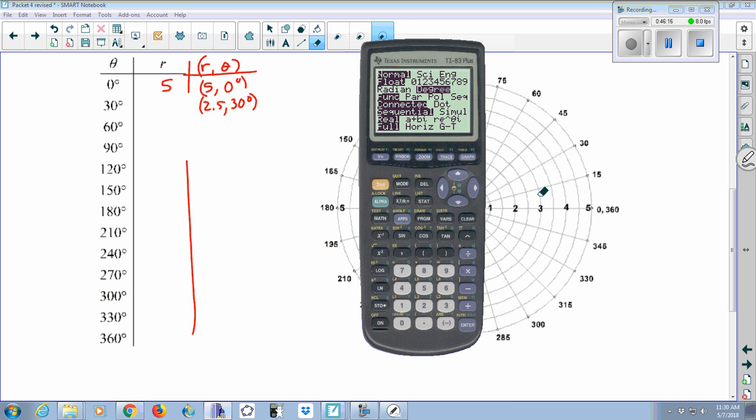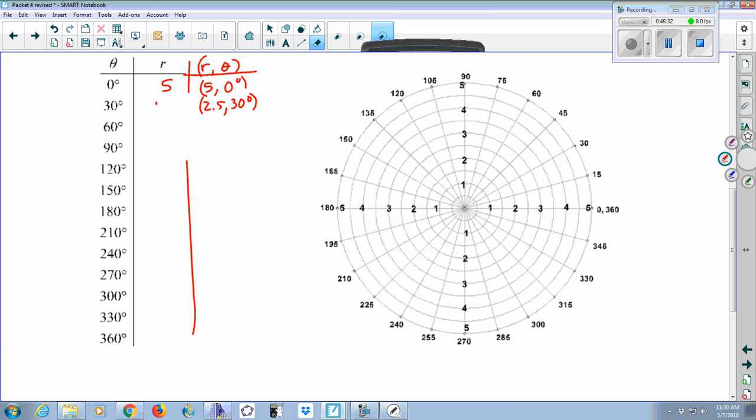Yep, I was in the wrong mode. So 2 plus 3 times the cosine of 30 degrees is 4.6. So my second point here is 4.6 comma 30.